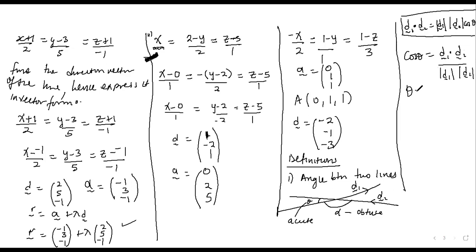So theta will be equal to arc cos of d1 dotted with d2, all divided by the magnitude of d1 and the magnitude of d2. And with that definition, we can have an example.